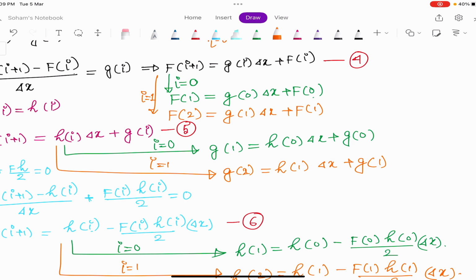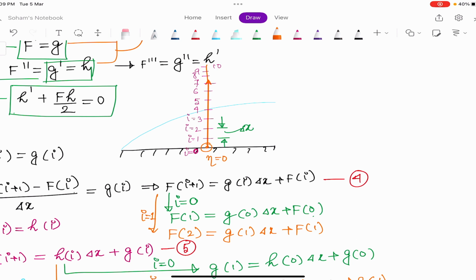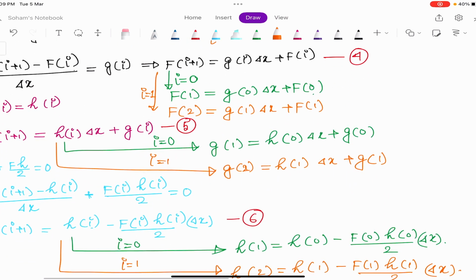If I increment the value of I by 2, 3, 4, 5, then I will get the values of the functions g, h and f at all my grid points, from I equal to 1 to I equal to 10.